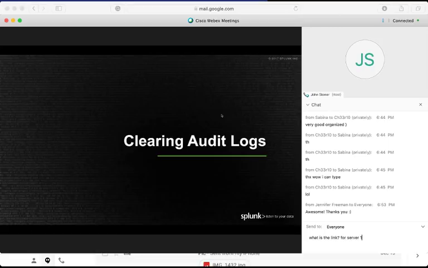Your account is on server 1 already. We just gave you different servers to log into so we could load balance across them. But server 1 will stay up till Friday. Go ahead and change that 30 or 25 or whatever to 01. Log in with your credentials, and you can continue playing around on that server. You can actually go through the clearing audit logs on your own from there.